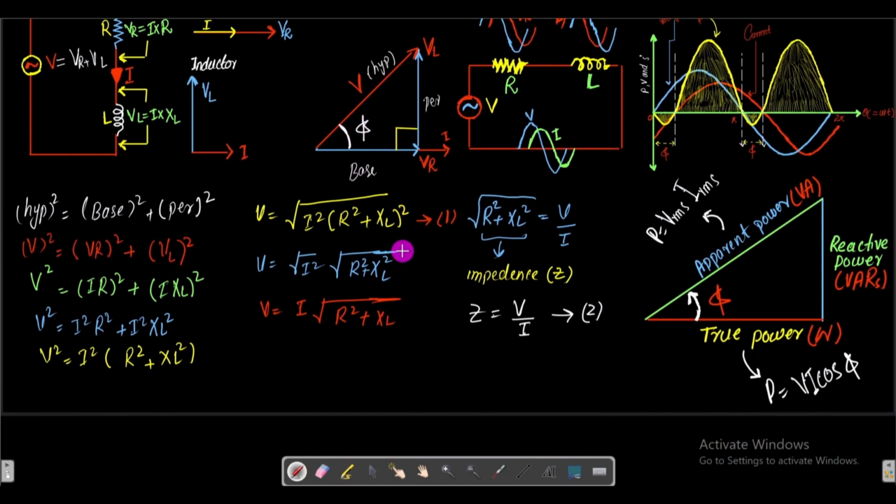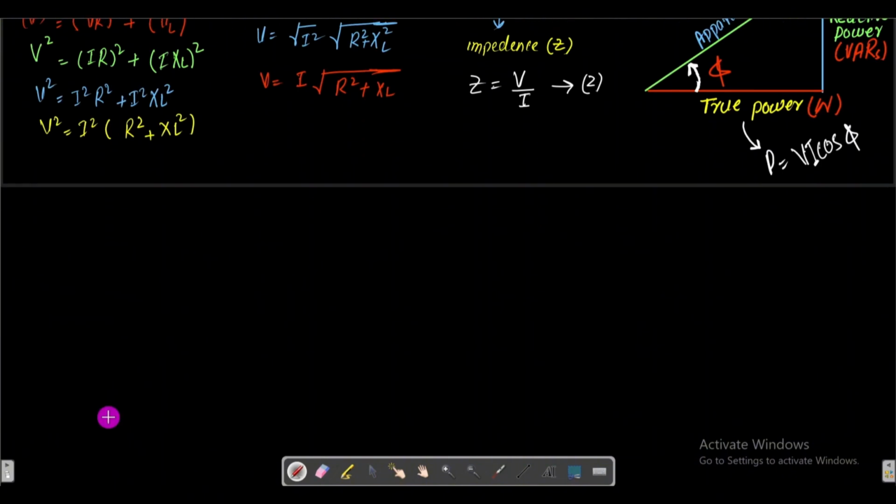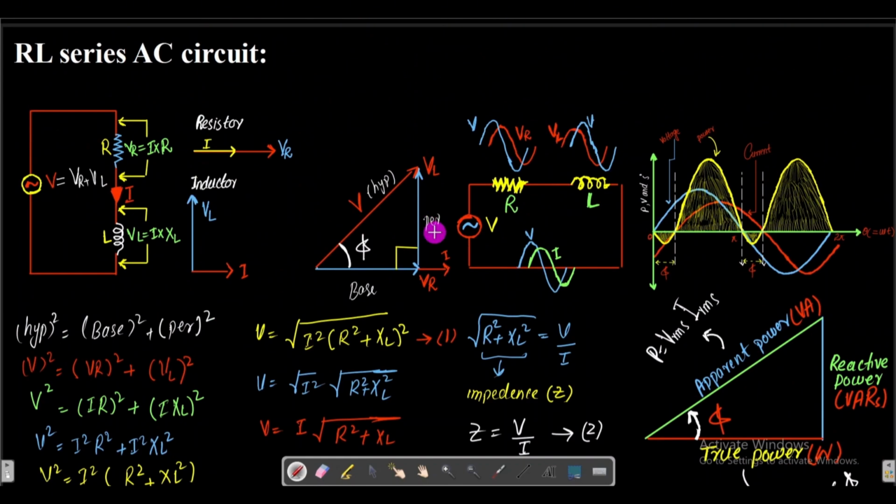For that we have the tangent of phi, which is equal to perpendicular by base. In this case the perpendicular is VL and the base is VR.